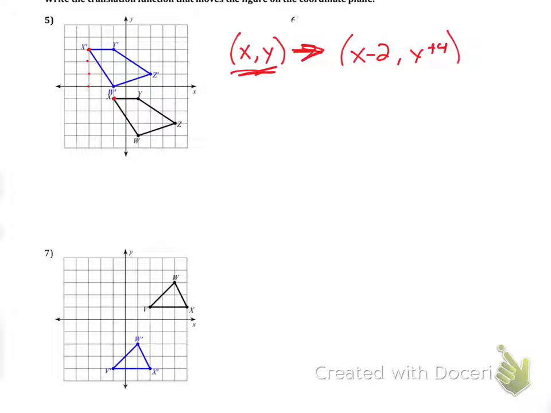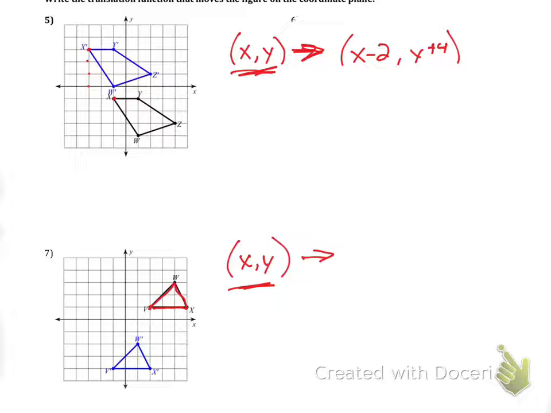For 7, I'm going to do the same thing. This top right image is my original image here. So this is my pre-image right here. It transforms, or translates, into, and then we just gotta compare one of the points. So what happens to V right here in the bottom left?